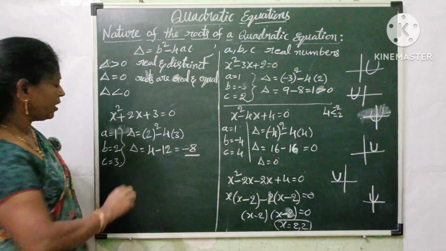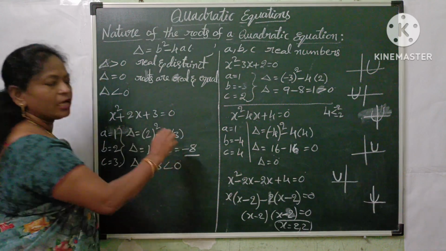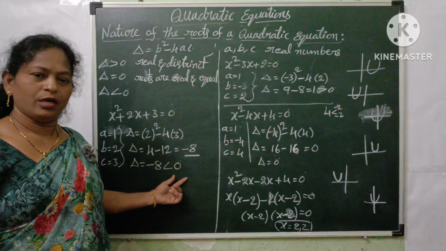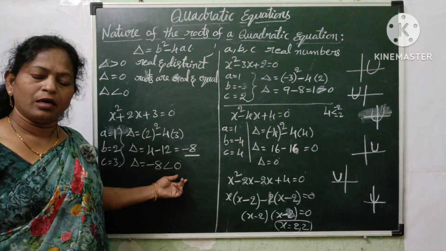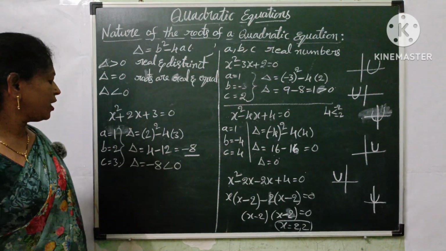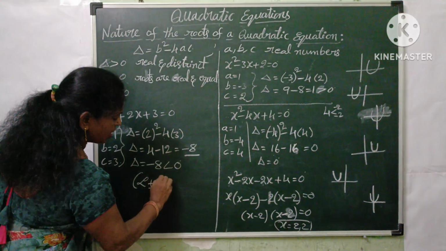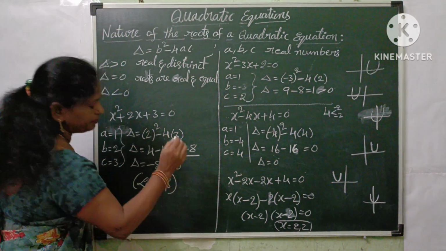So here delta equal to minus 8, it is less than 0. So the roots are non-real, complex and conjugate to each other, of the form alpha plus or minus i beta.